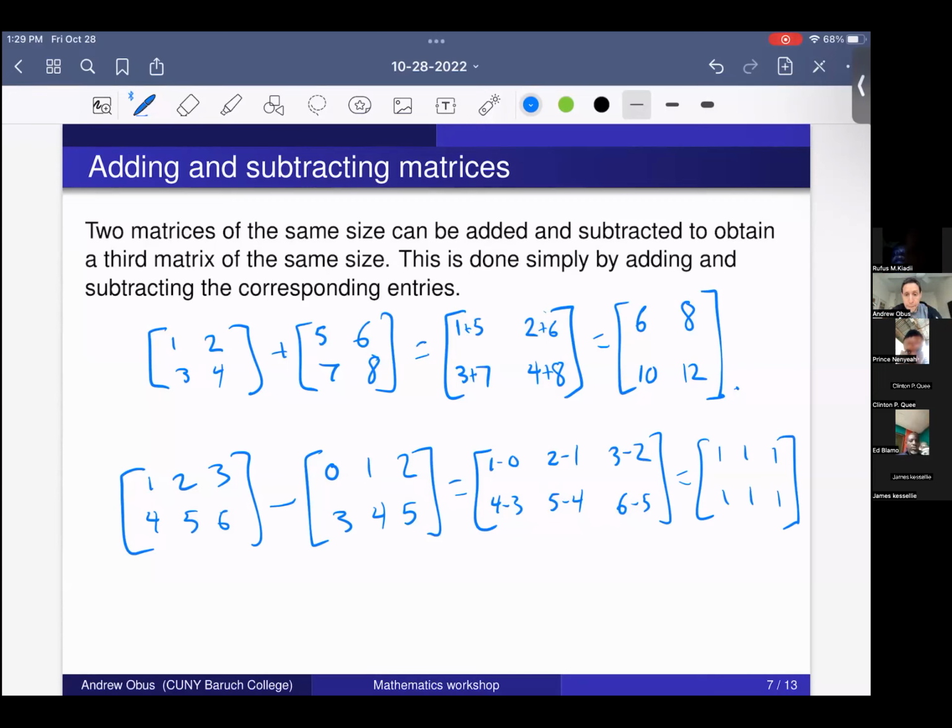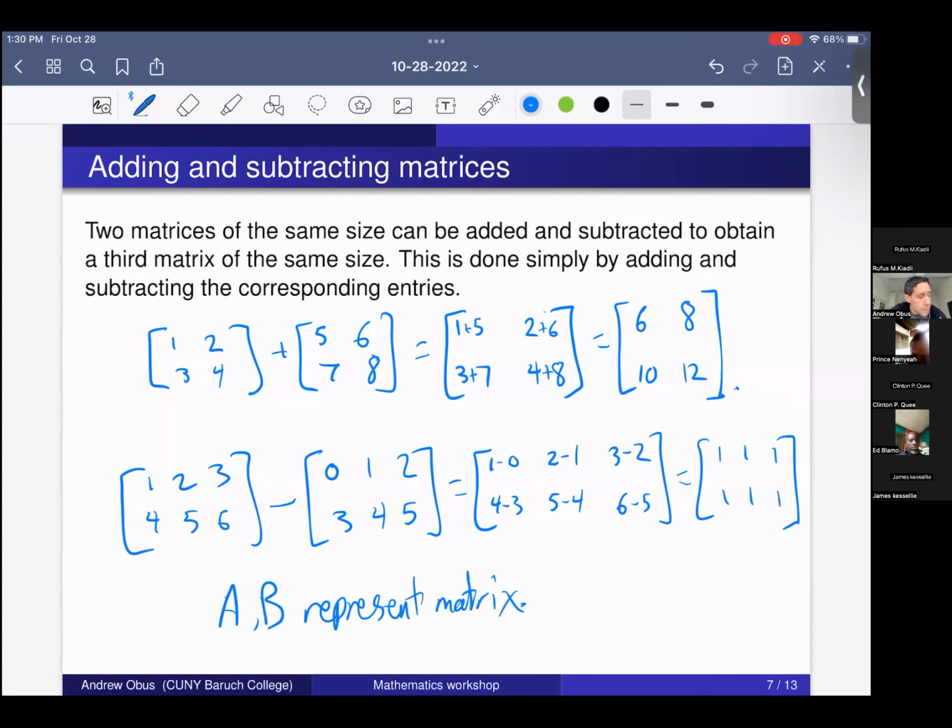Can you use a variable like X for a matrix? Yeah, that's fine, but usually we use a capital letter instead of a lowercase letter. So you might use A or B. These usually represent matrices.